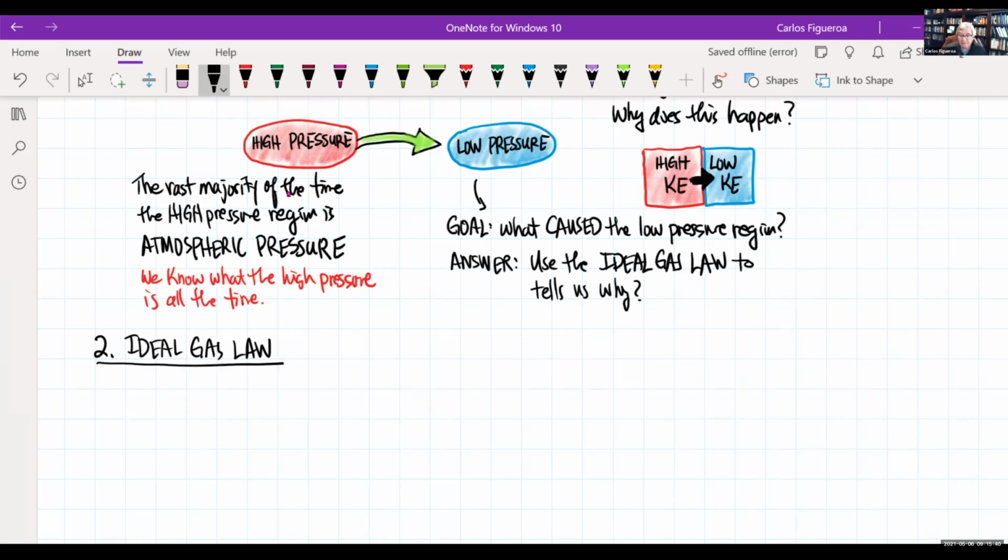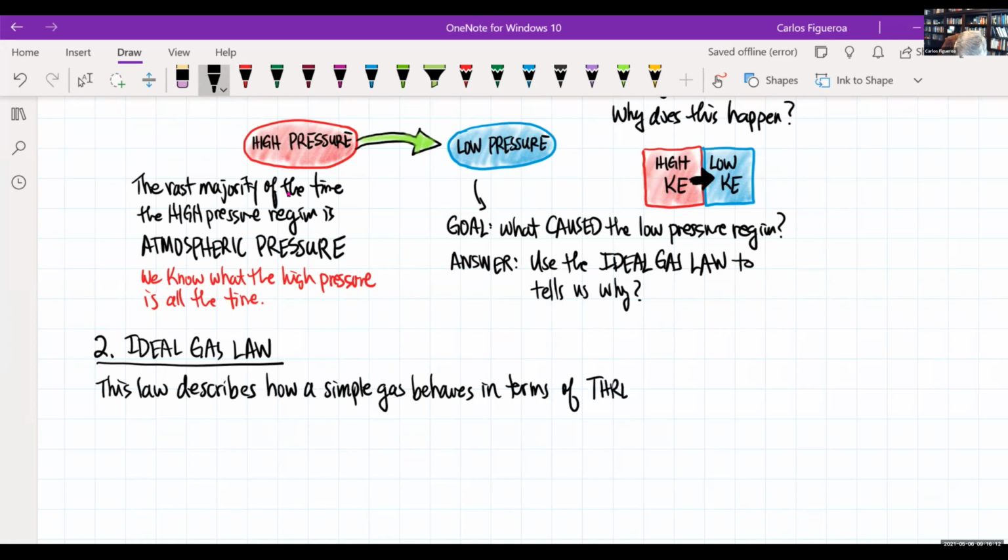What we find here about the ideal gas law is that this law describes how a simple gas behaves in terms of three parameters.